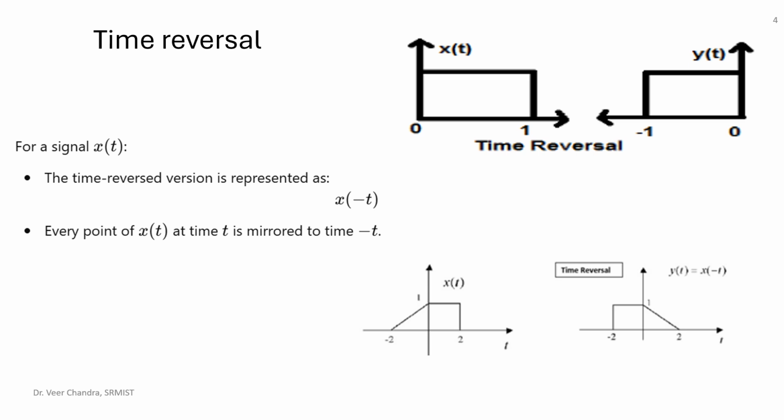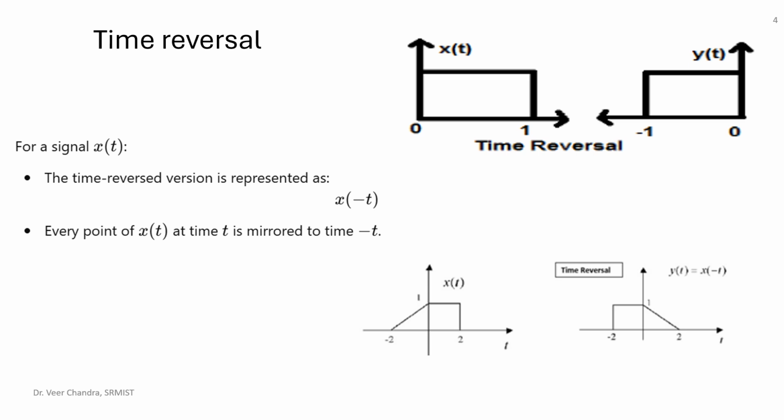Then the next thing is time reversal. For any signal, the time reversed version is simply represented by x of minus t. Instead of t, just add a minus sign along with the t, and it becomes the time reversal. In the graph, how will we get it?